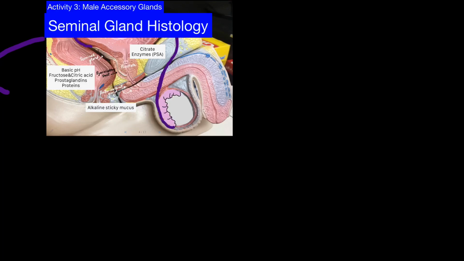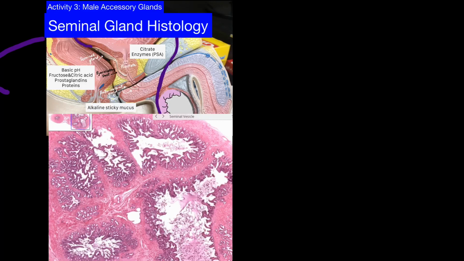Moving on with activity 3, we are now looking at what the seminal glands look like histologically. Here we have a slide showing a cross-sectional view of the seminal gland. At low magnification, it gives us an overall view of everything that we're looking at.